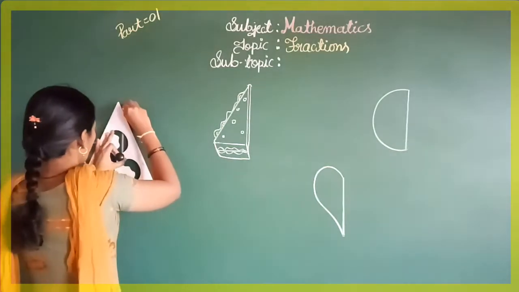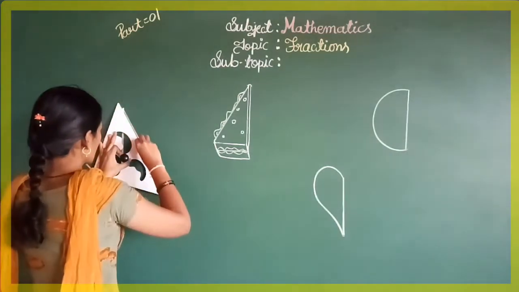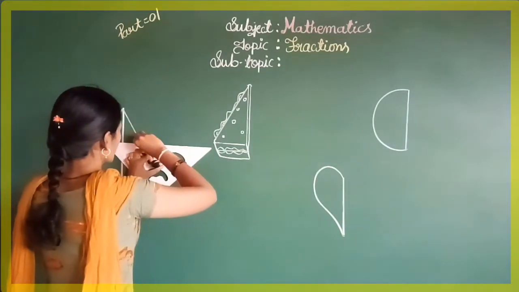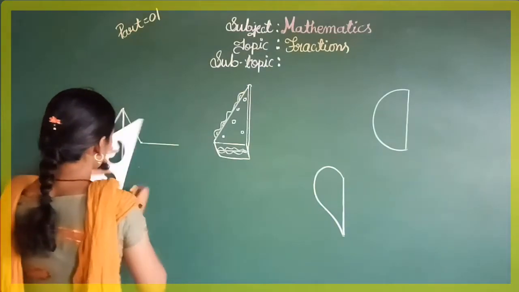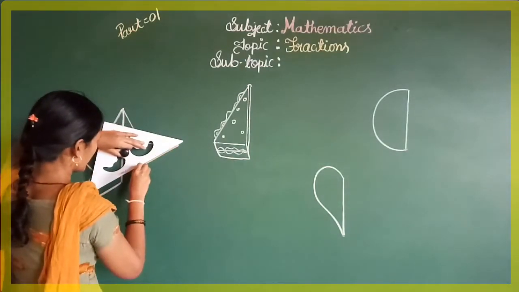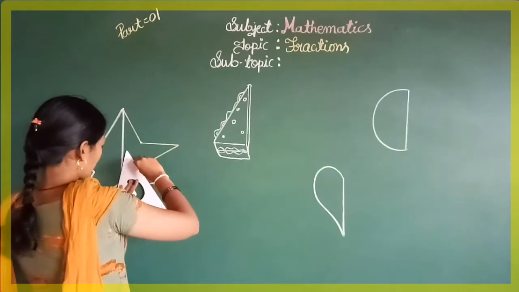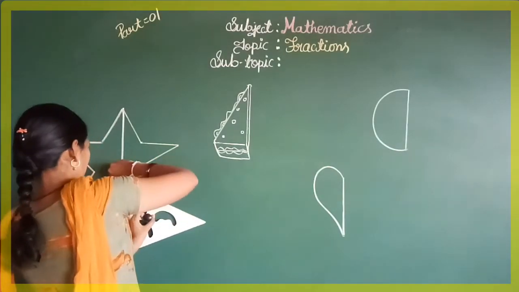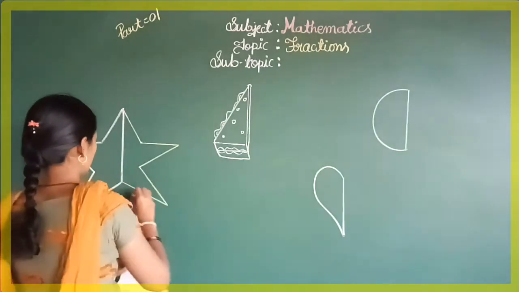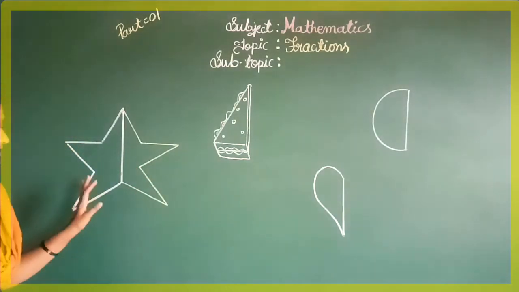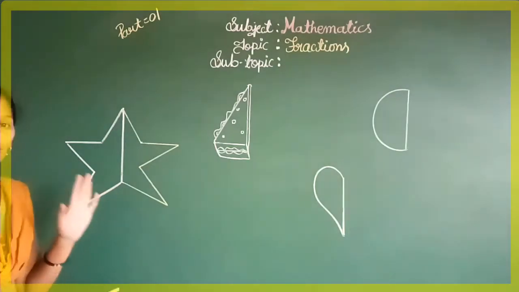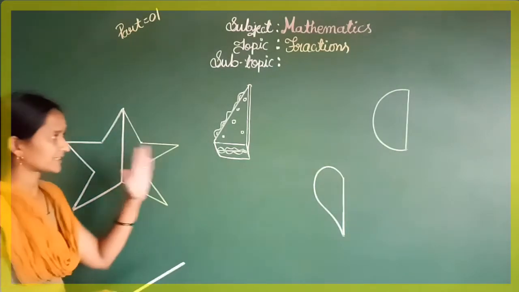Okay. So first, next, so all of you observe here, I showed it; in the same way you have to complete this. So now it's a complete star. Okay, so like that you have to complete. Come to the second picture.